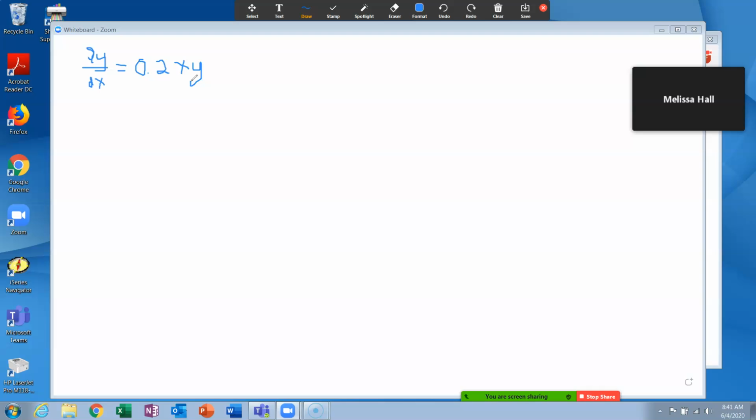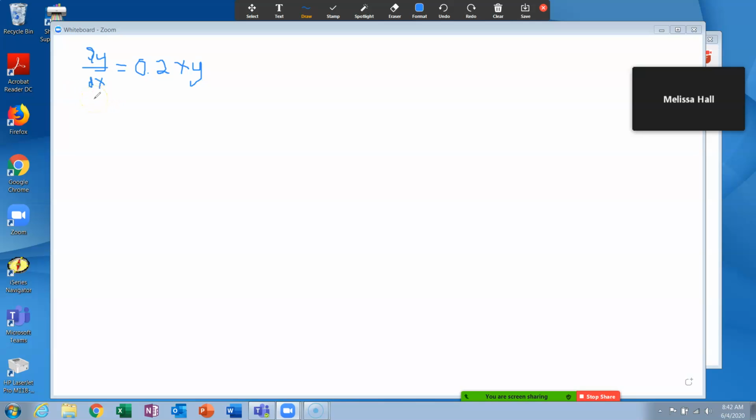Now, again, reviewing what we said last time, what does dy/dx stand for? Now, this only works for first order differential equations that are written in what they call normal form, where you write the dy/dx here and your function of x, y here. That's exactly what we've got. What does dy/dx stand for?